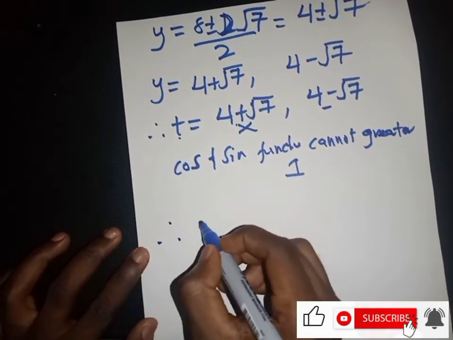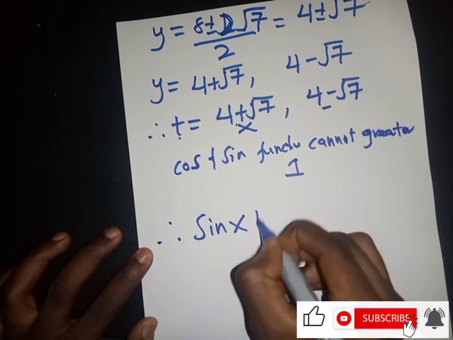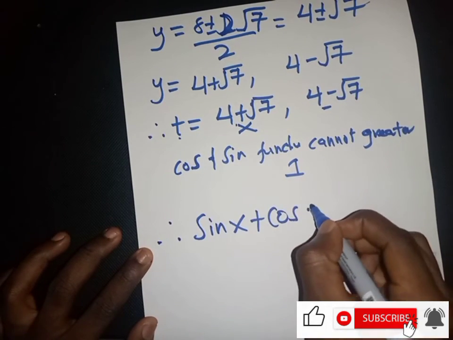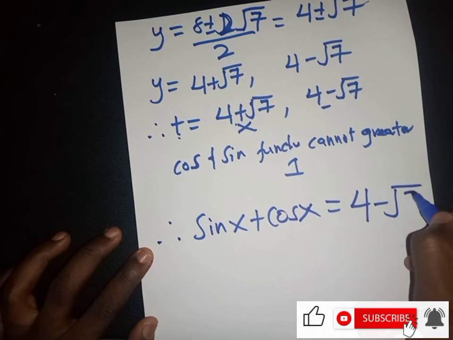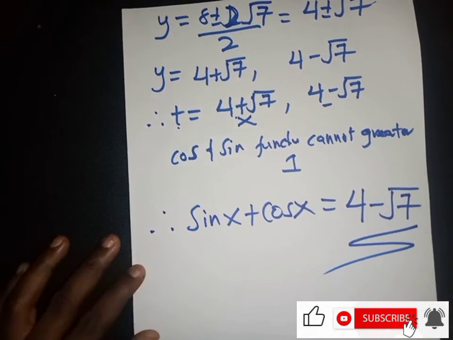Therefore we can conclude that sin x plus cos x is equal to 4 minus the square root of 7, and that will be the value.